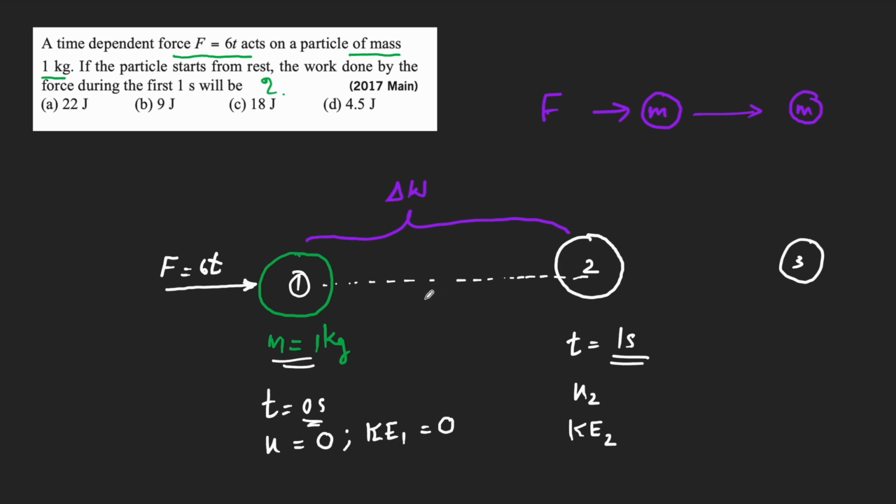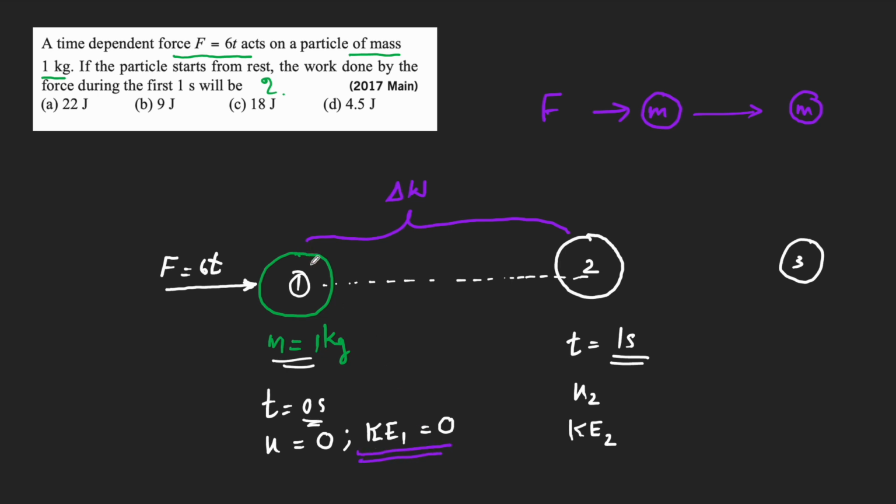That is the question. We know as per energy conservation, energy can neither be created nor destroyed, but can only be transferred from one form to another. So this force is applying energy to this mass. Initially the body had 0 kinetic energy.